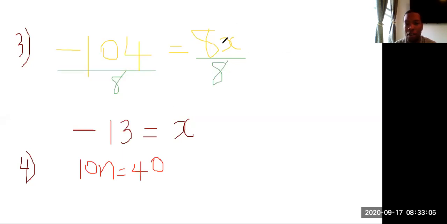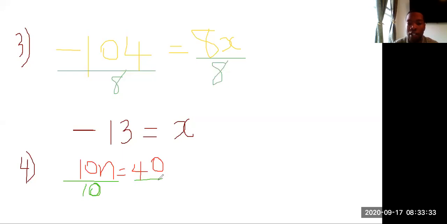Just like up here, where it had 8 times x, this is saying 10 times n. So in order for me to get rid of the 10, I need to divide it. And the property that I was looking for is called the multiplicative inverse. All right.